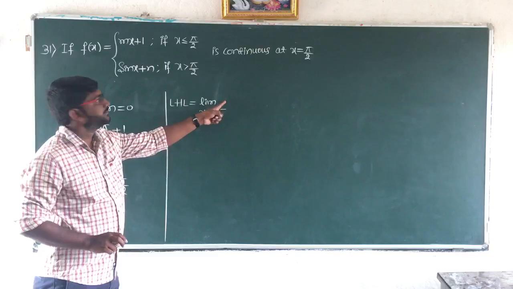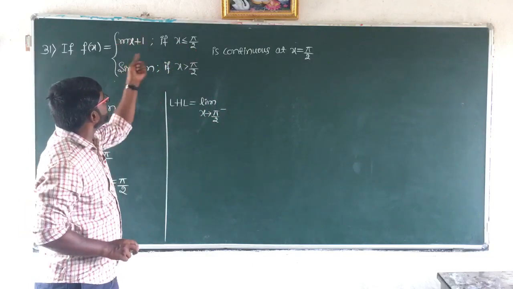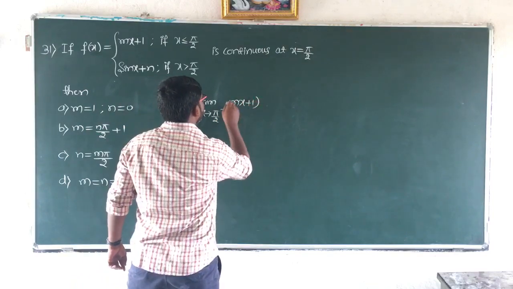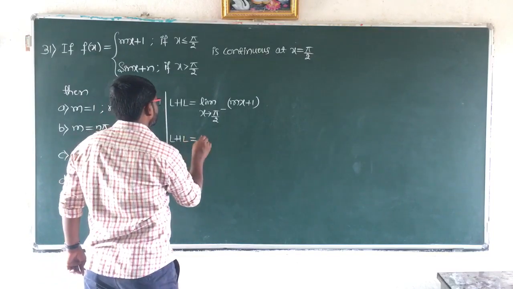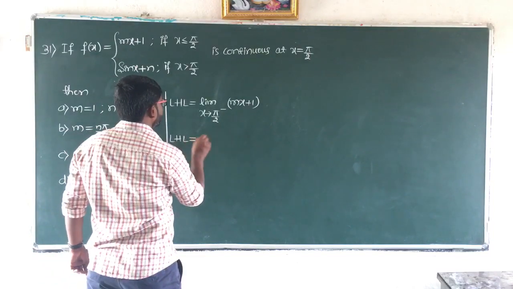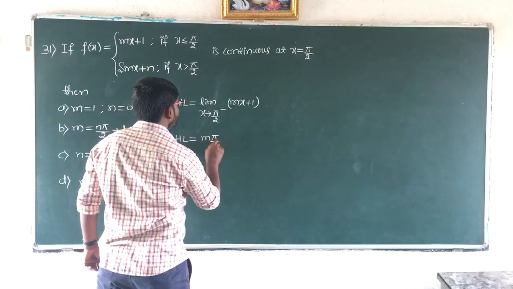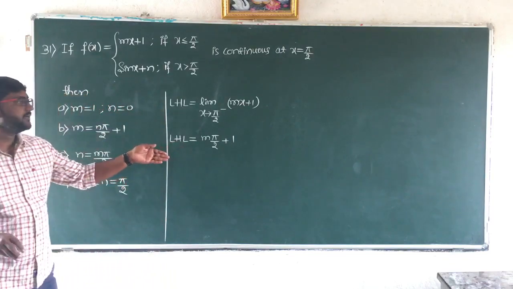For x less than pi by 2, the function is mx plus 1. Now LHL is equal to, applying the limit, in place of x I have to write pi by 2. So m pi by 2 plus 1. So this is the left hand limit.